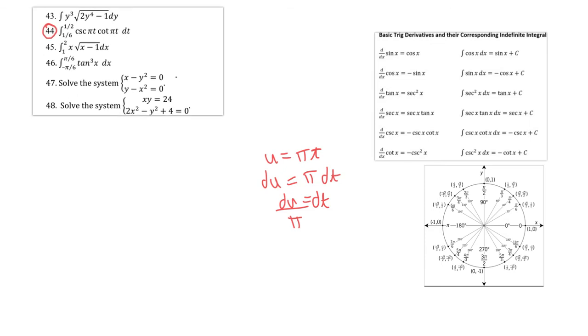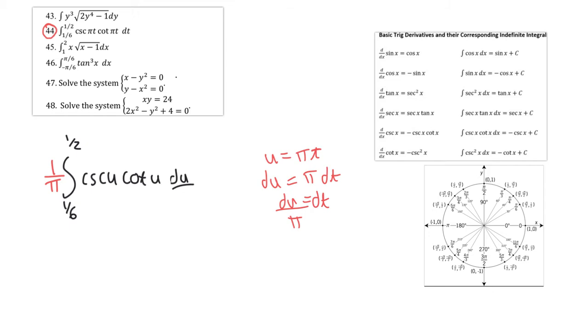So when it comes to this, I think we would agree that what we really have is cosecant u times cotangent u, and instead of writing dt, I'm going to write du over pi. And that pi, sure, it's in the denominator, but there's also a 1 over it. So in reality, we could put that out here. I'm going to go ahead and do that now just to save time and room, and we're going to erase this.